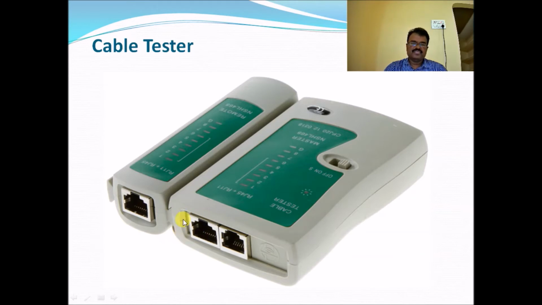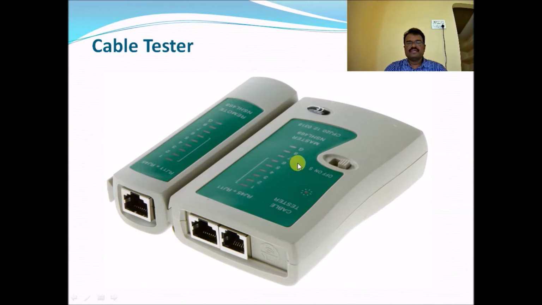Here we take this because we have 8 wires in the form of 4 pairs. We put one end in this and the other end in this. So if we test, pin 1 to 8 here and 1 to 8 here, it will check each and every one, and if there is any failure, it will indicate.